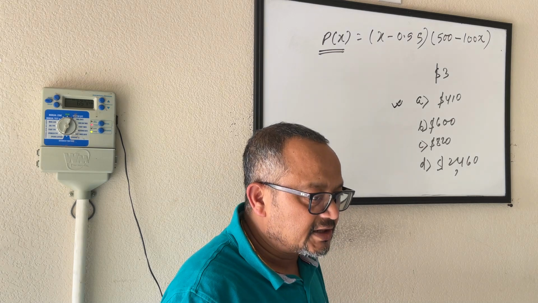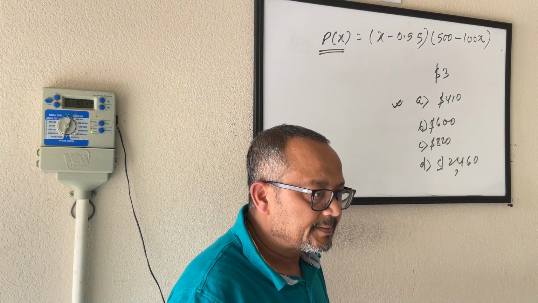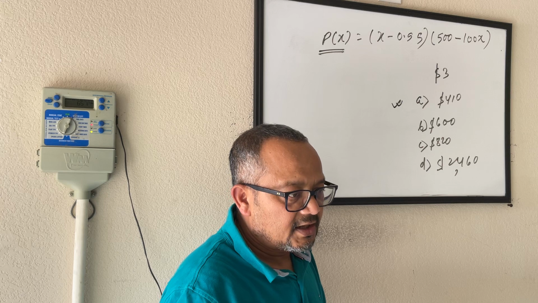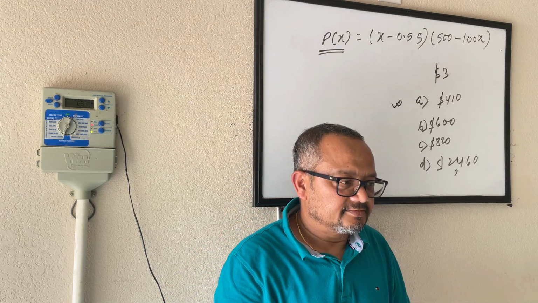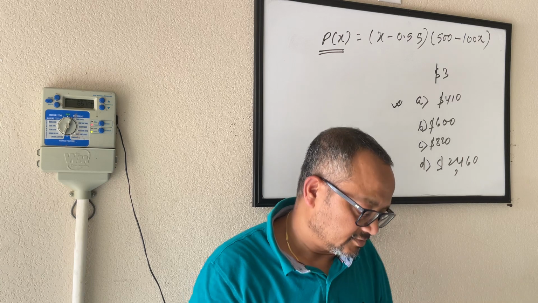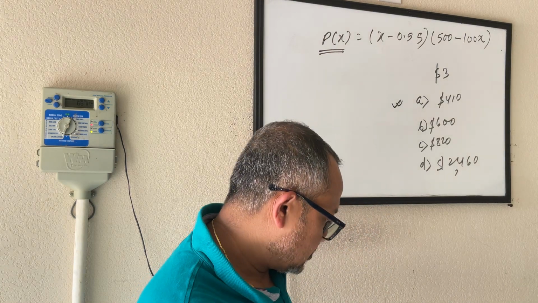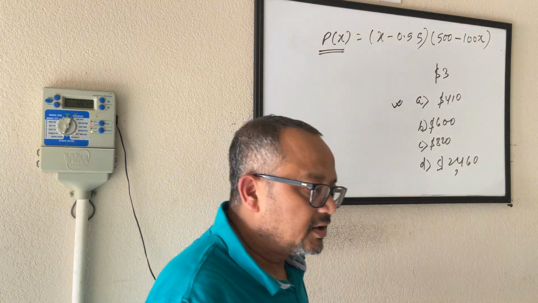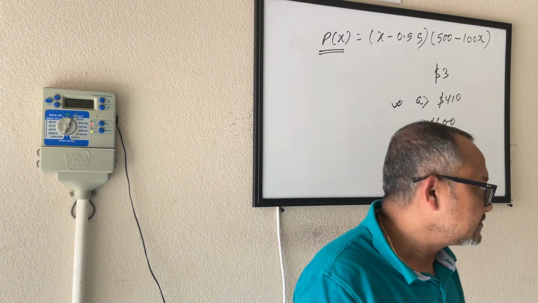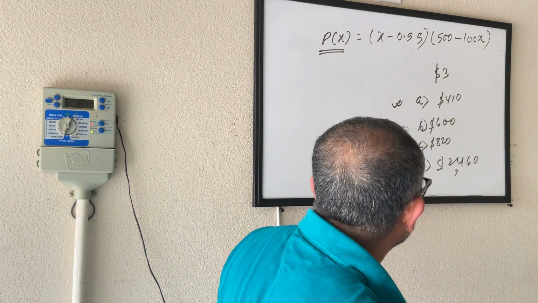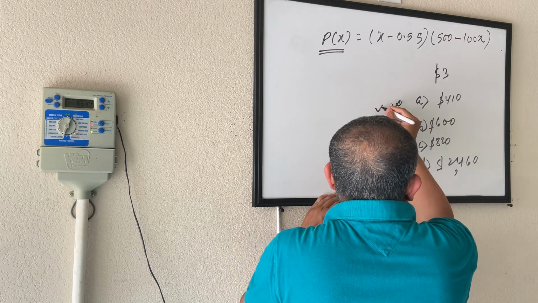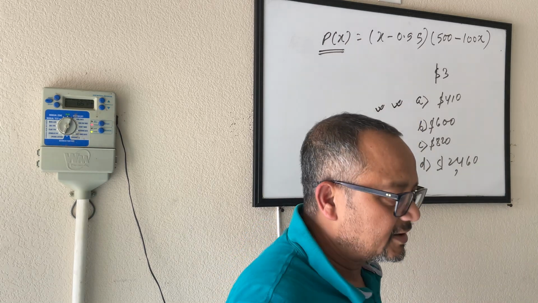Sarah, Neil, you got the question right? Yes, sir. Shiv: Sir, I think it's A. I got A, but I'm not sure what it is, but I think it's A.